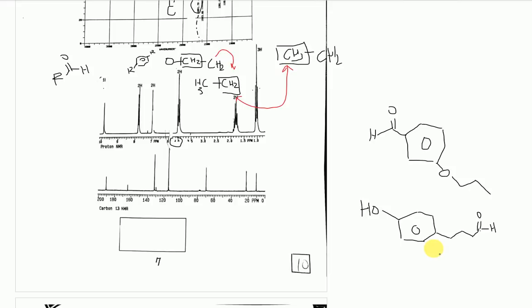So the only way really that I can have both an ether and an aldehyde is if I have the ether with the R group and the aldehyde by itself. And this has to look like this, where all three are here, because I have the CH2, which is next to a CH2, and this CH2, which is next to a CH3.